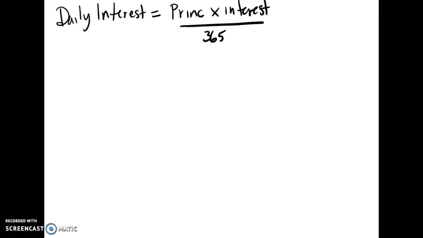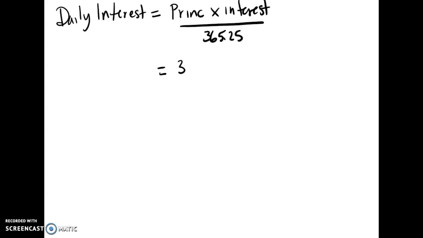But before I can find monthly interest, I have to find the daily interest. And that is found by taking the principal, multiplying it by the interest rate, and dividing by 365.25. That's one of the formulas that we have in the guided notes.